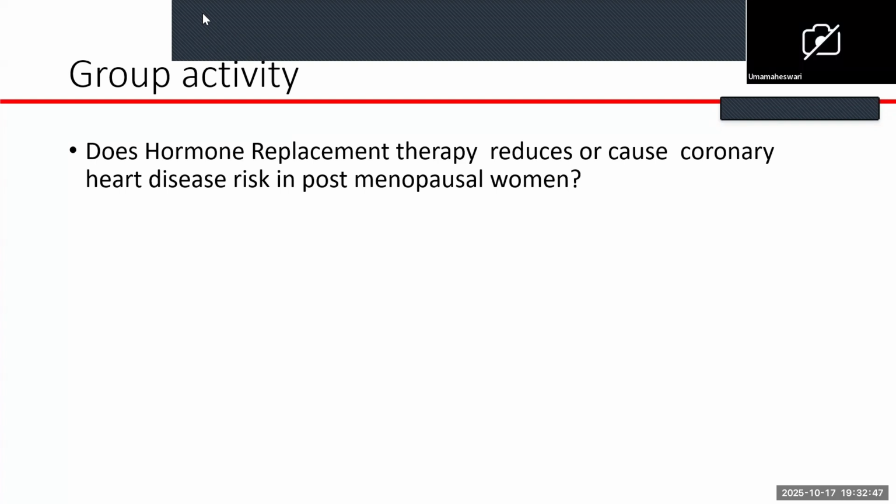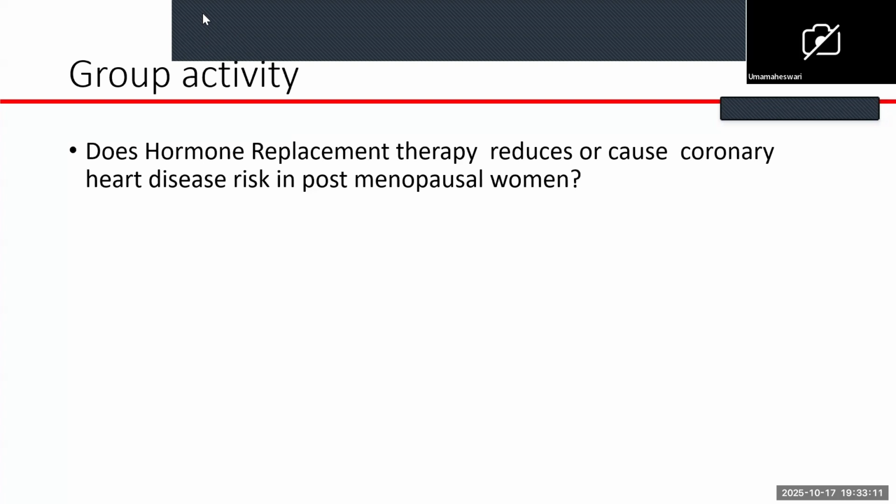One minute. We don't know whether hormone replacement therapy reduces or harms in a patient. So you take a group of postmenopausal women in a cross-sectional study. Then you ask them whether you are on hormone replacement therapy or not. At the same time, you ask whether you have coronary heart disease or not.